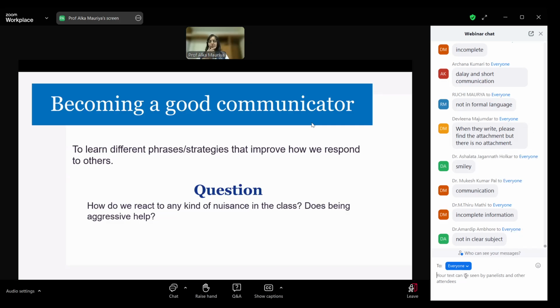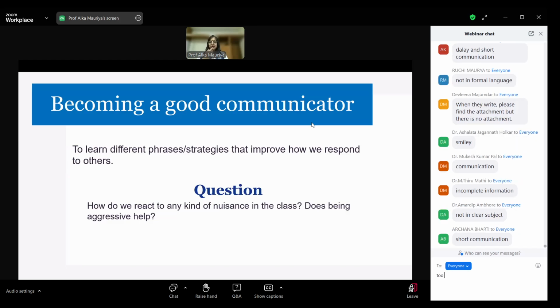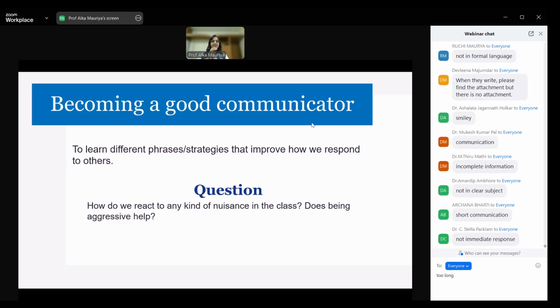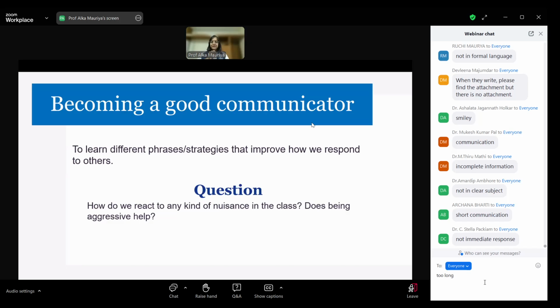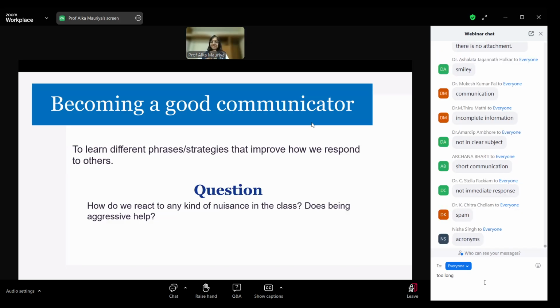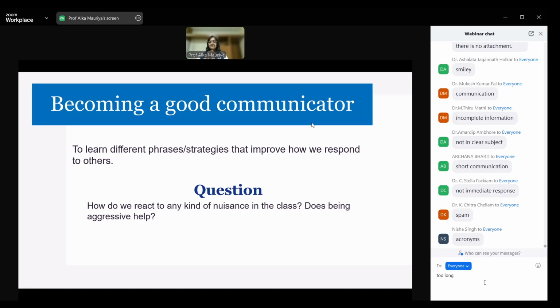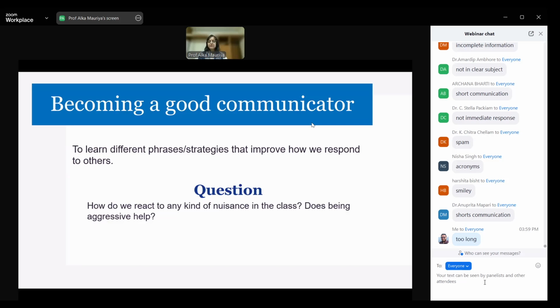You know what I don't like the most? I don't like unprofessional email IDs, specifically from students. Even though in our college we have these college IDs for the students, and we tell them to communicate with that only.